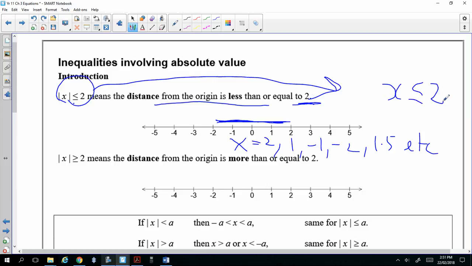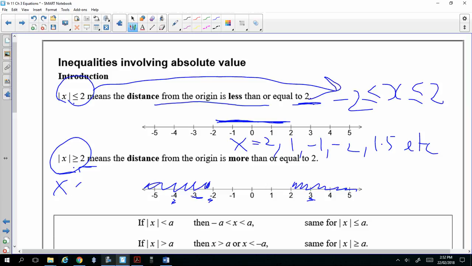If it's bigger than 2, then all the numbers have to be here, or all the numbers here, isn't it? Because the absolute value of 3 is more than 2, and so are the negative numbers. They have an absolute value, or distance from the origin, more than 2. So when you see a bigger than, you write x less than negative 2, or x is more than 2.